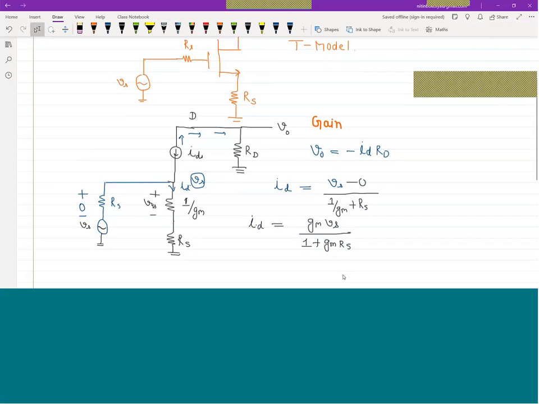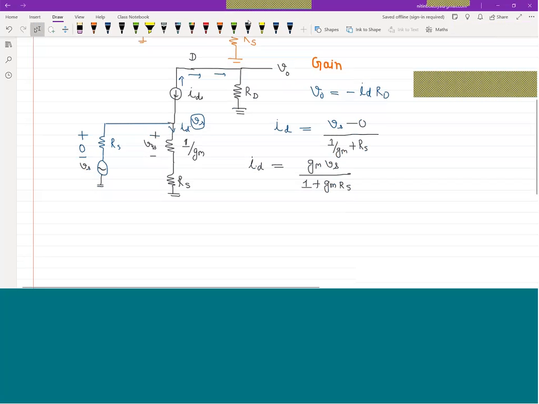Or you can say the output voltage of this configuration is equivalent to minus Gm into Vs divided by 1 plus Gm into Rs, multiplied by Rd.